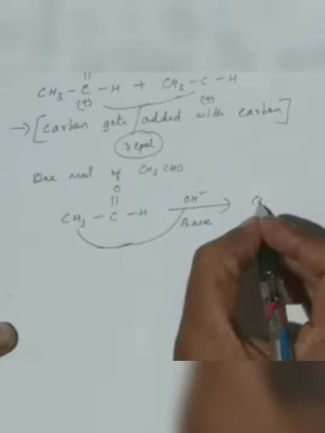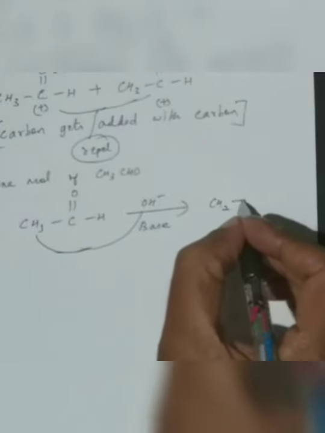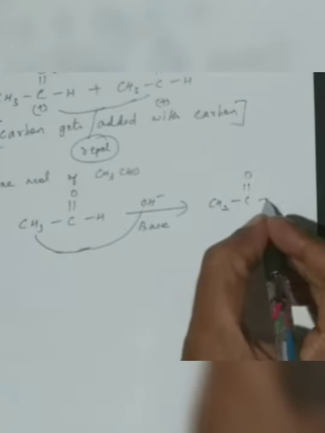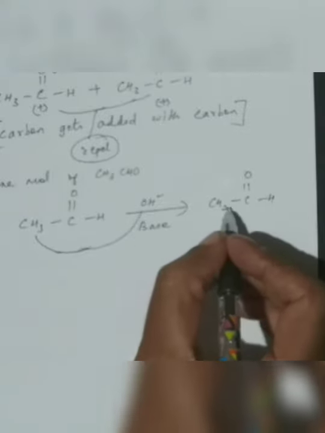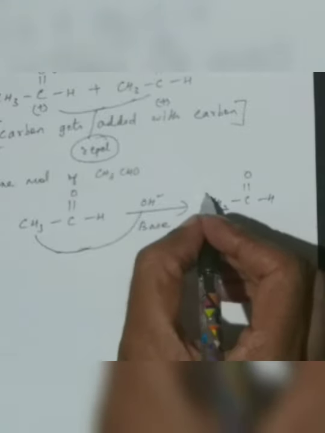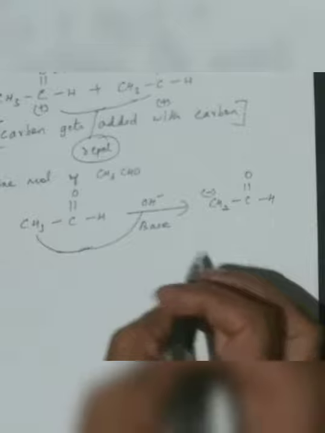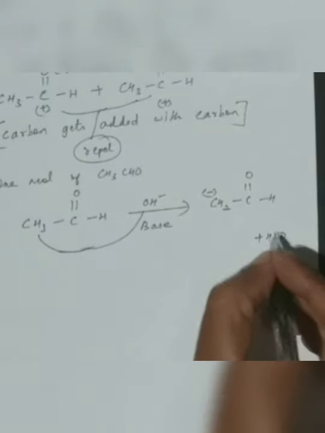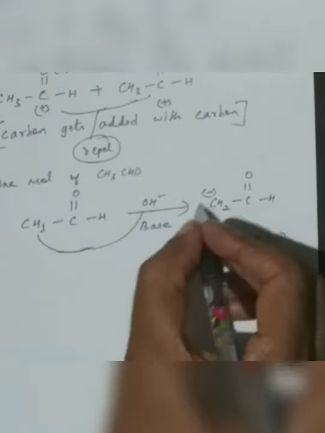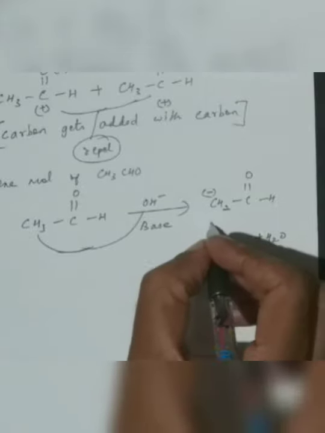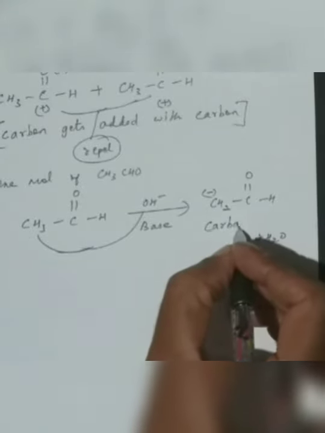So, you will get CH2, C double bond O, H, and the carbon valency is 3 now, 1, 2, 3, so it will have a negative sign here, plus the water molecule will be given out. Carbon with a negative sign, we call it a carbanion.